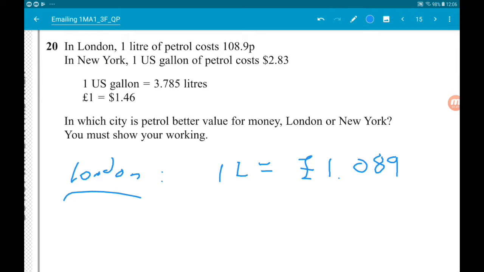Okay, so now what I'm going to do is turn 1 litre into a US gallon. So I'm going to multiply both sides by 3.785.